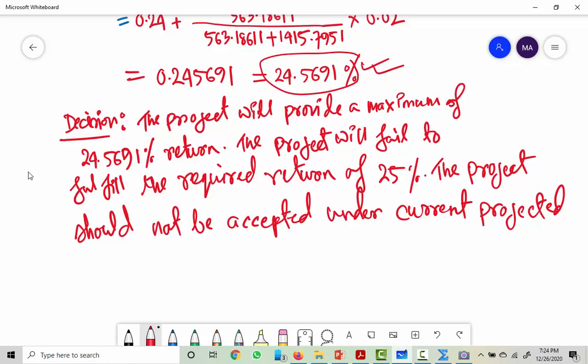But under the present projected scenario, we are not able to accept the project because it failed to fulfill our required rate of return of 25%.